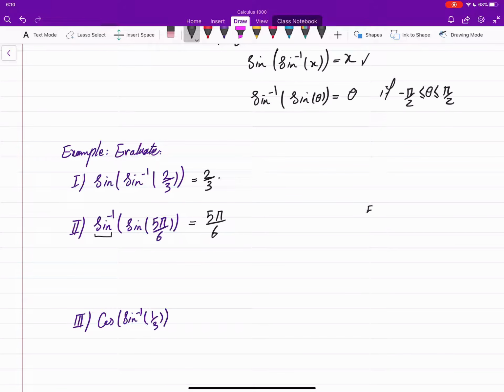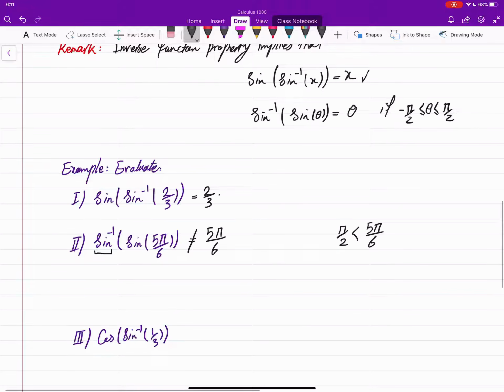But 5π/6 is bigger than π/2. Hey, do you see it? And this cannot be true. Well, why is it not true?